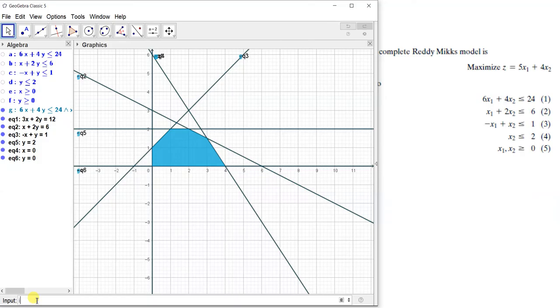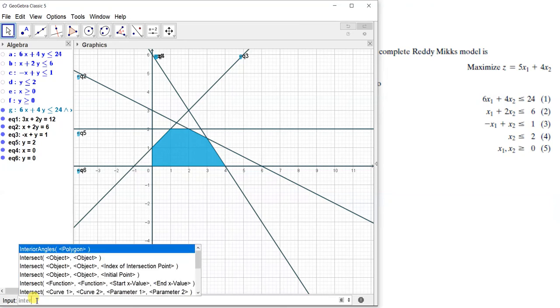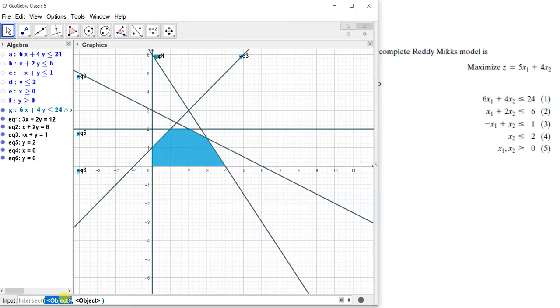For this, we have to use Intersect. Here we go. The first object is our equation 3 and the second object is equation 5. So this is the point of intersection of equations 3 and 5.